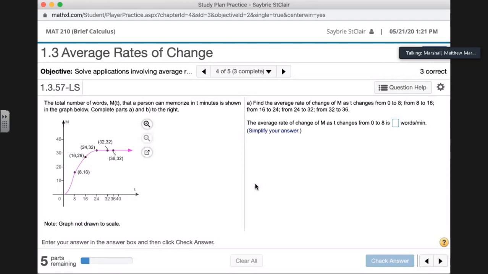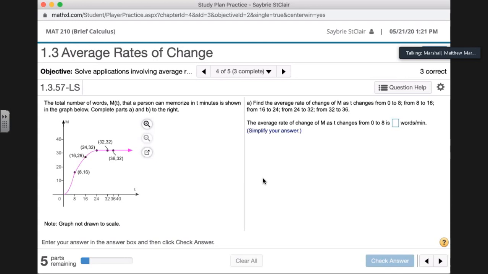Find the average change of MST from 0 to 8, 8 to 16. So again, these are just more rates of change problems. So 0 to 8. The point 0 looks like 0, 0.